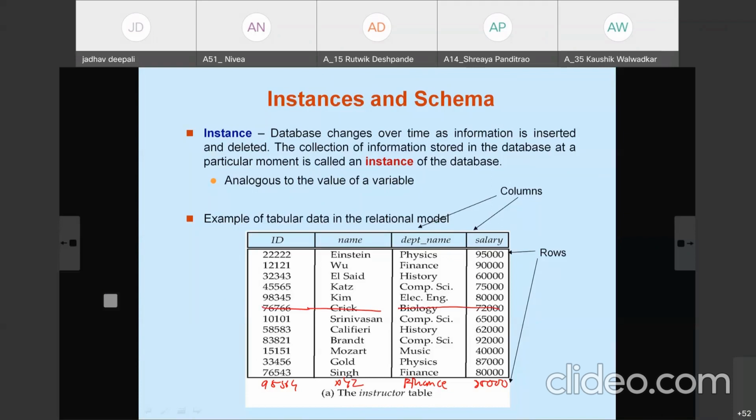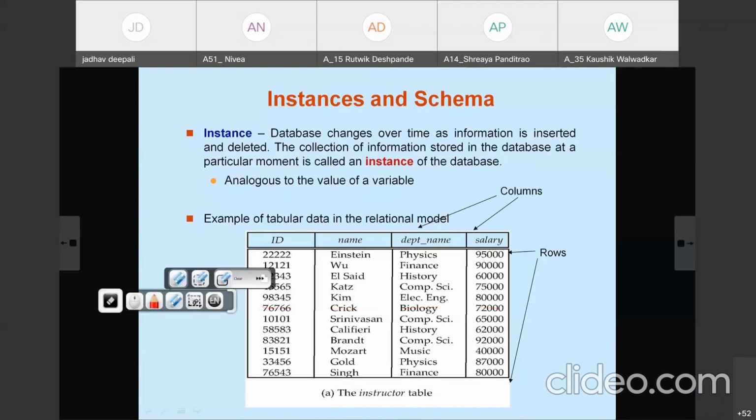So the collection of information stored in the database at a particular instance of time is called an instance of the database.